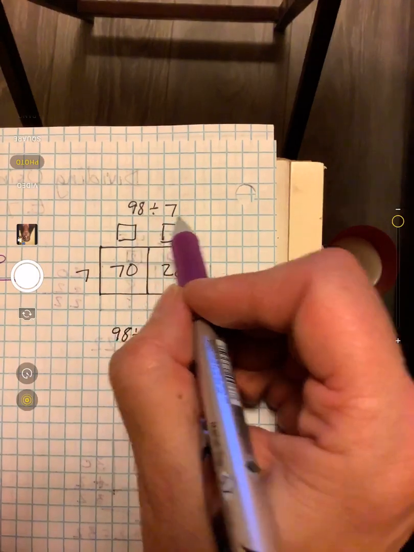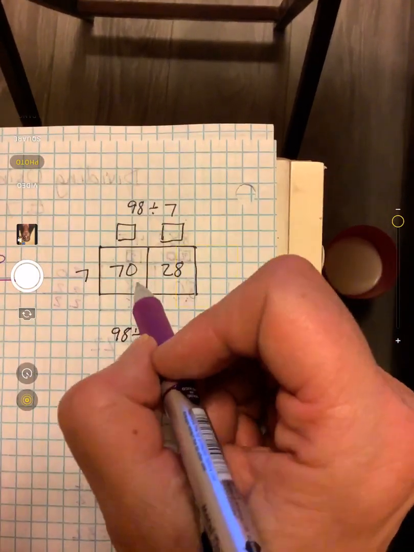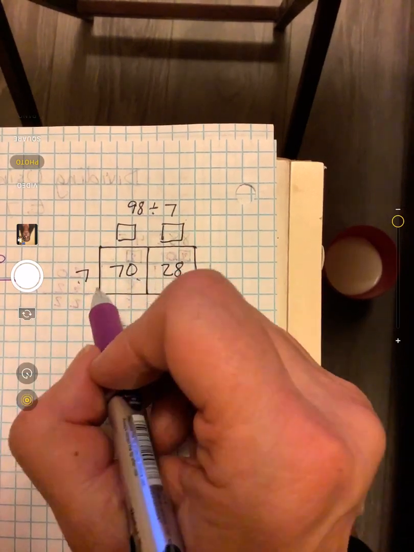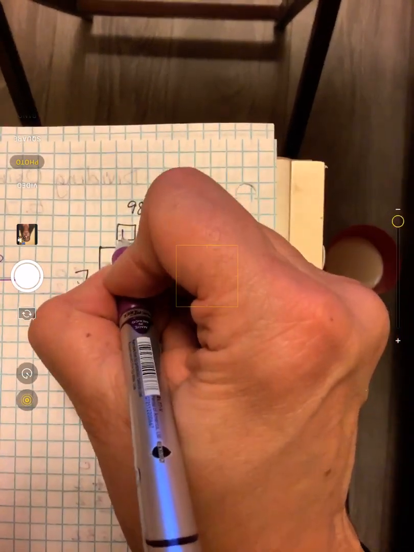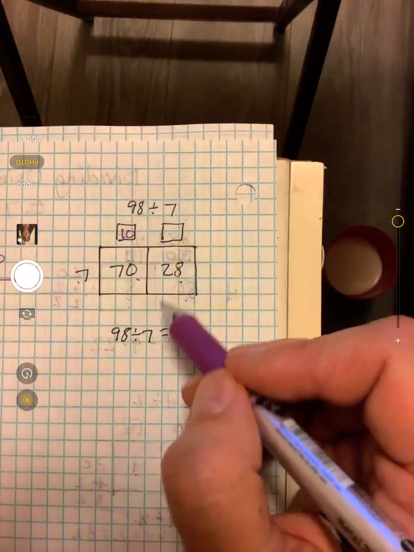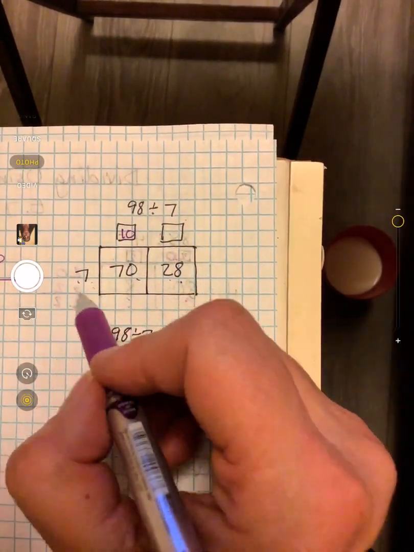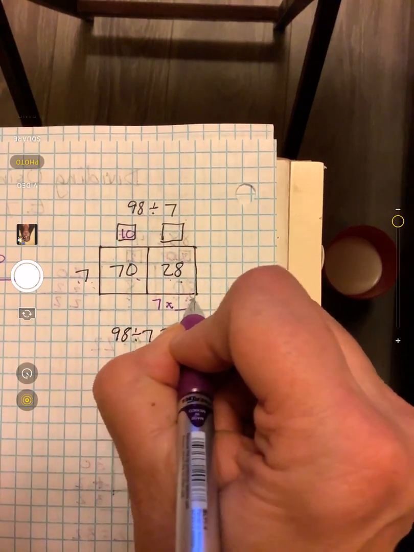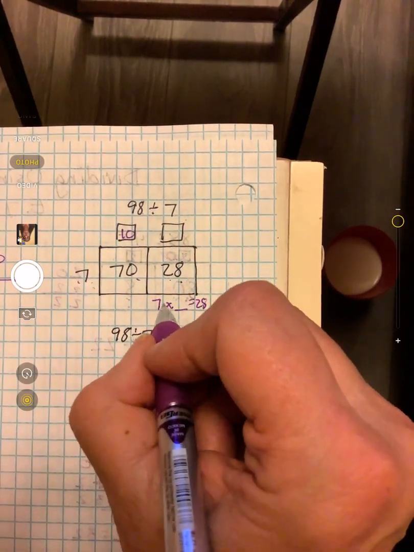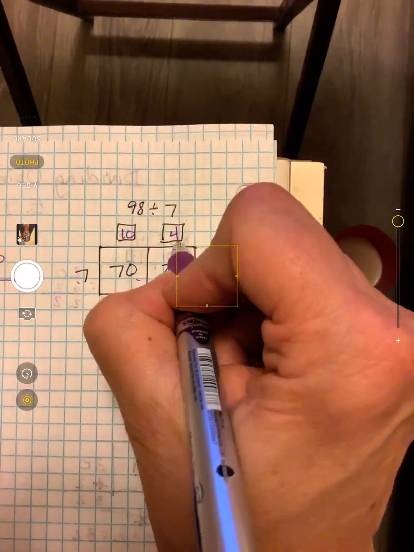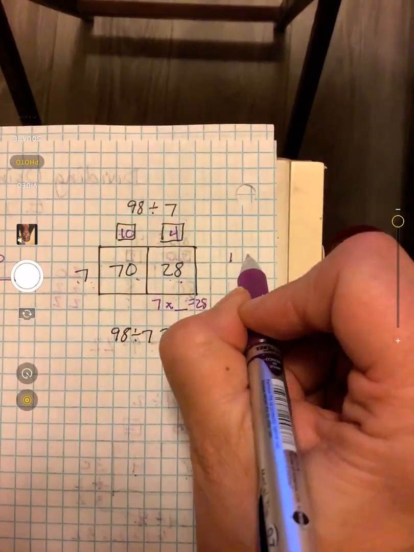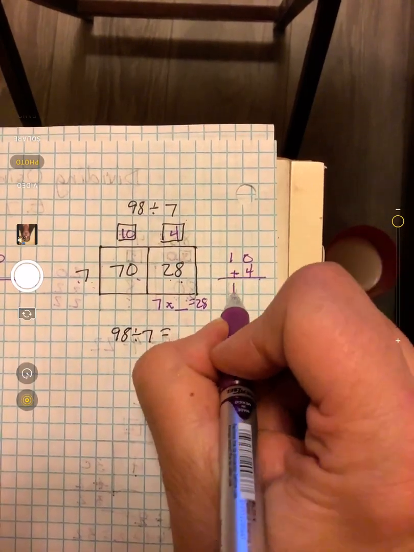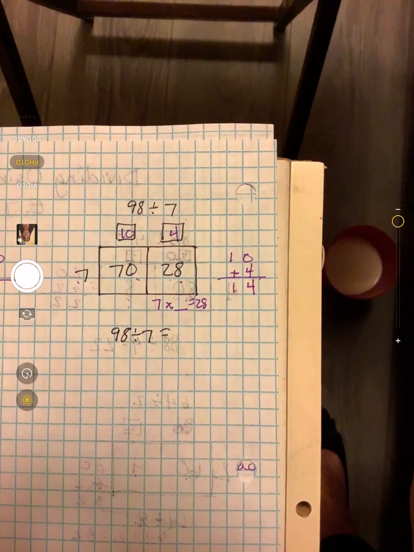And then 98 divided by 7, they broke it down to 70 and 28. 70 divided by 7, there are 10 7s in 70. 28 divided by 7, or 7 times blank equals 28. 7 times 4. So we add these up, and we get 14.